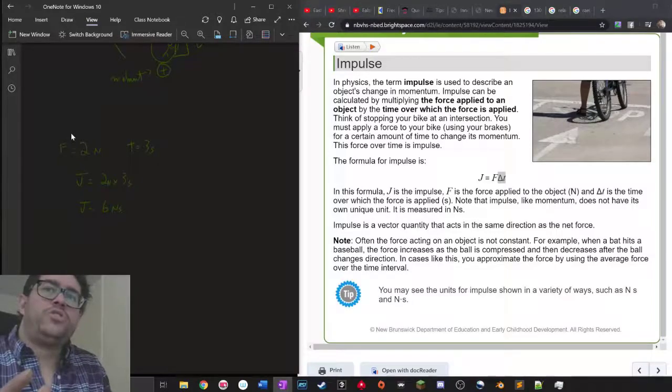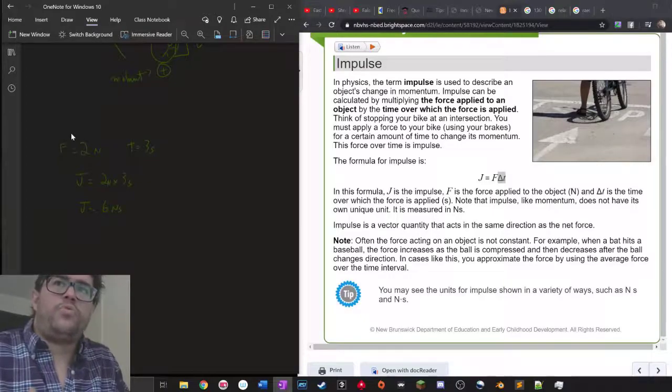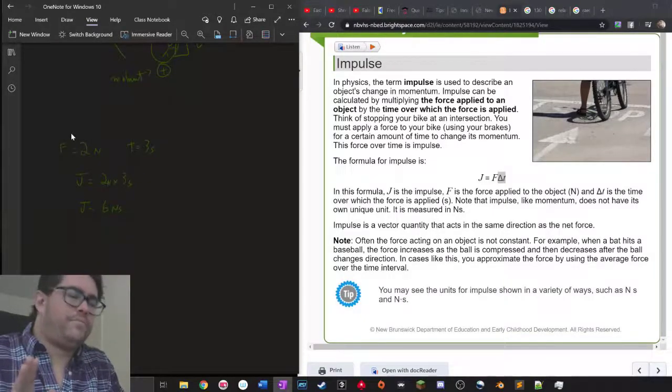Imagine that you want the same impulse, but you want to take a little more time. So you're going to increase this to 6 seconds. If you increase this to 6 seconds, yet you want the same impulse, you're going to have to reduce this to 1 Newton. Because 1 times 6 will be 6.